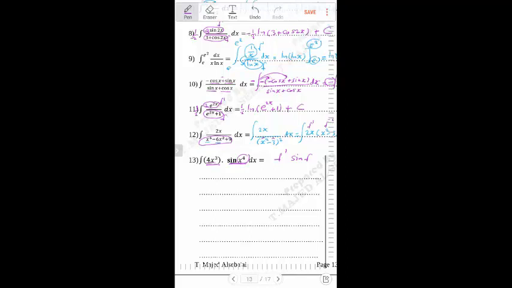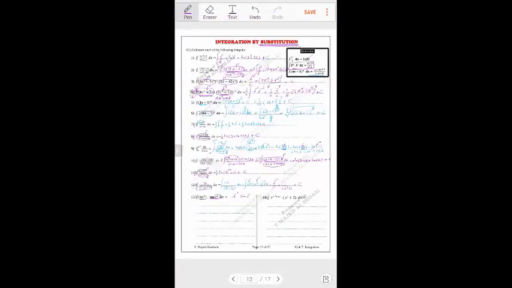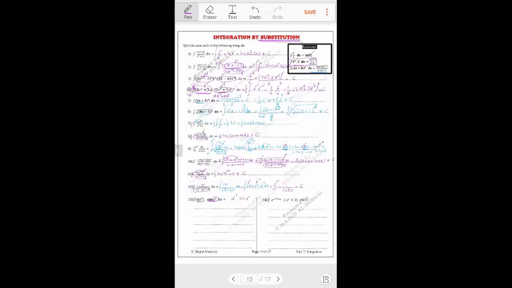It is the title of this lesson: integration by substitution. And I want you to focus the most and stay with me strongly. I will show you how to do that.